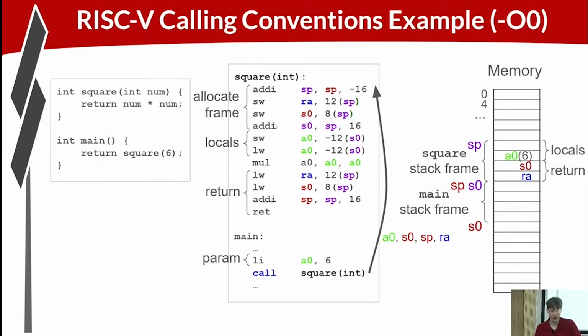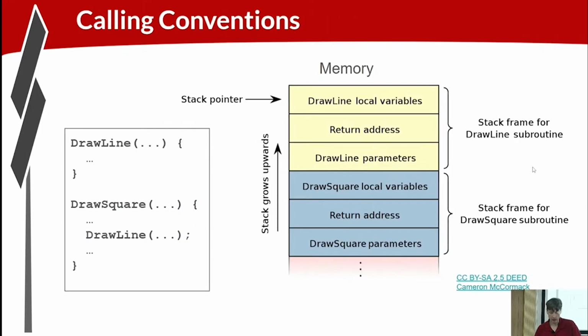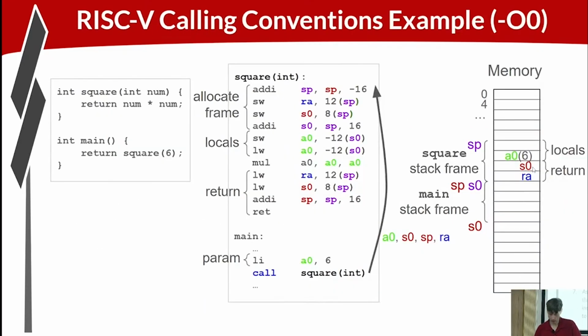So then we're storing the old S0, so this, main's S0, so that when we return we can restore main's stack frame, right? So we're capturing that stack frame pointer. That wasn't actually illustrated here, but that's also needed to be able to restore the state when we return.